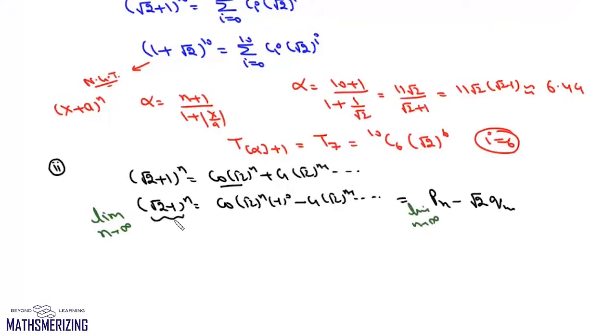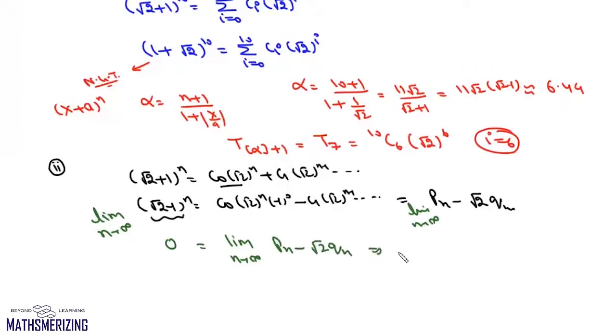Now root 2 minus 1 lies between 0 and 1. So a to the power n in that case will be simply 0. And here it will be limit n tends to infinity pn minus root 2 qn.